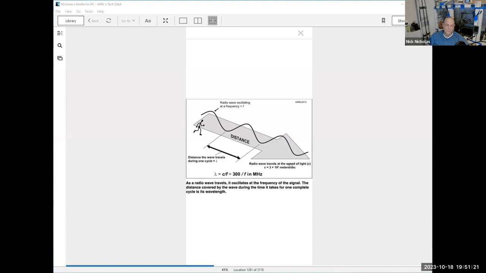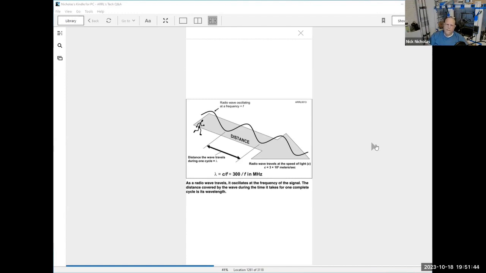And that's why the formula pertains to the speed of light and so on. It's also what you'll use to calculate and design your own antennas, because they're traveling along the antenna at the speed of light at whatever frequency you're operating at.